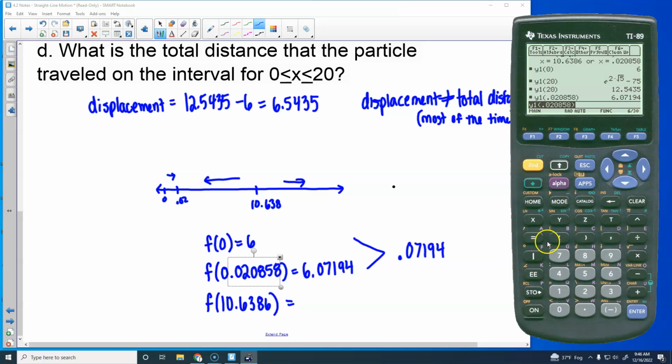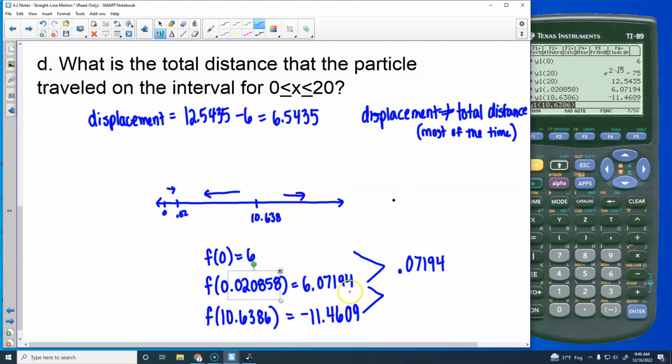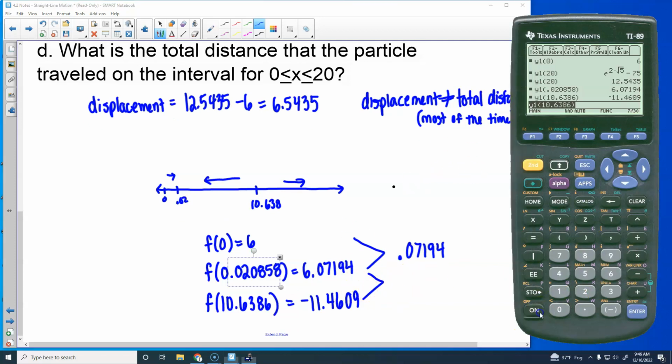So I do y1 of 10.6386. That is going to give me negative 11.4609. So I only care about distance. I don't care about whether it was positive or negative. So how do I figure out how far that was?